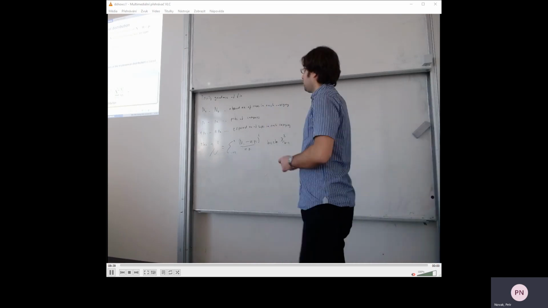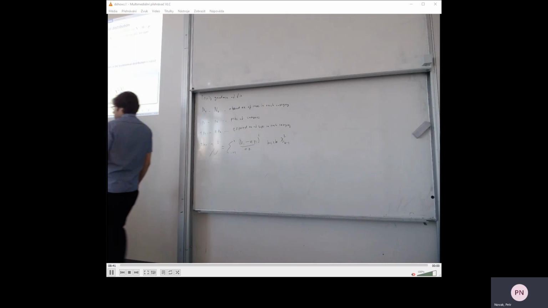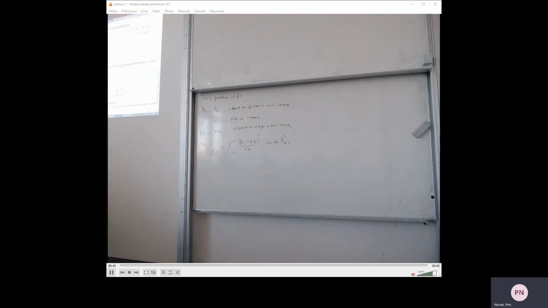Now, this helps us for testing hypotheses when we assume that the counts follow some distribution with probabilities p, and we are testing the hypothesis whether the probabilities are actually equal to some given values against the alternative that they are not.